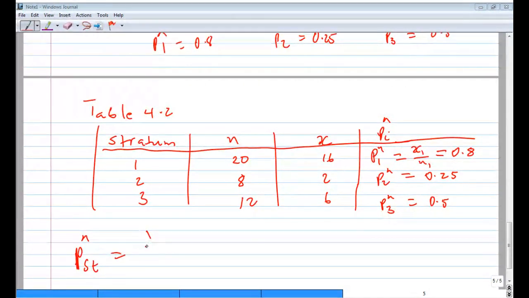Which is equal to what? 1 over N summation, i is ranging from 1 up to what? 3, because there are 3 strata. Then N_i P_i.